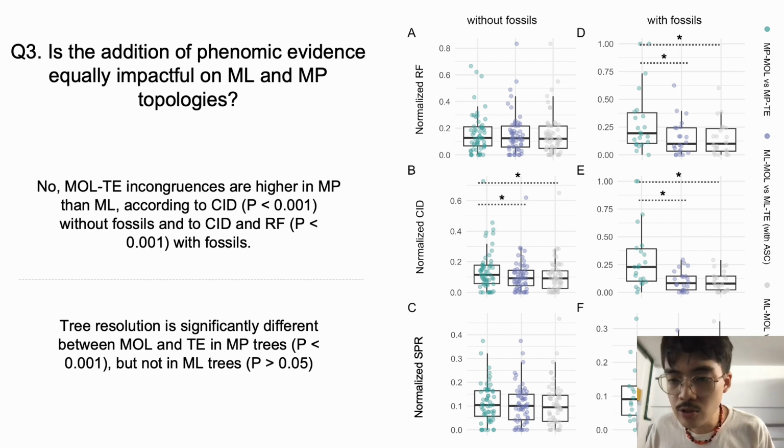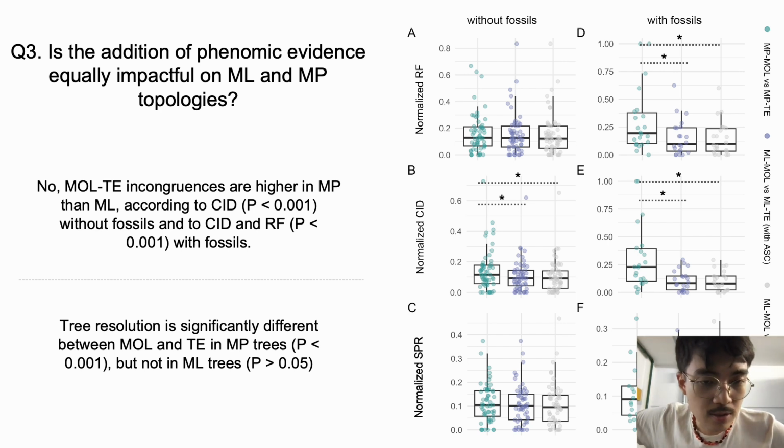Our results indicated that no, the addition of phenomic evidence is not equally impactful, and the incongruences between molecular and total evidence trees are higher in parsimony than likelihood, at least according to the cluster information distance.